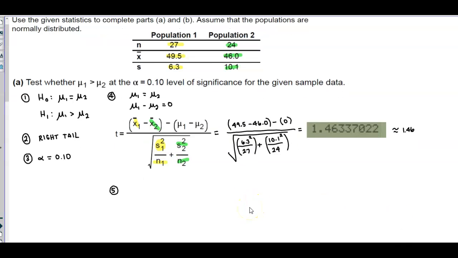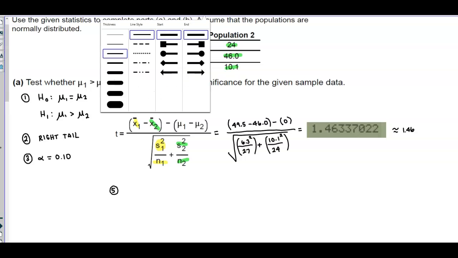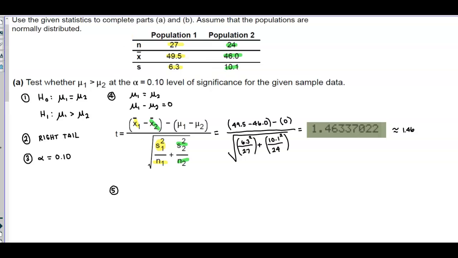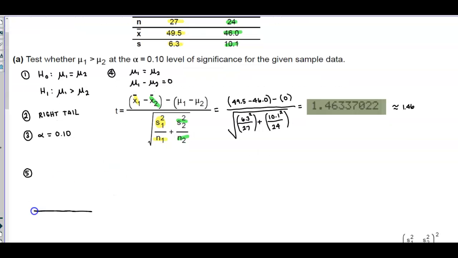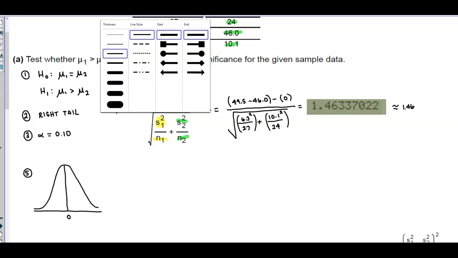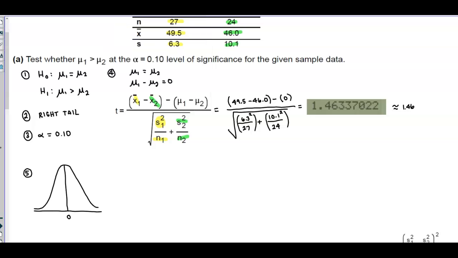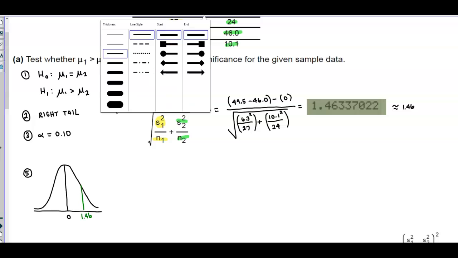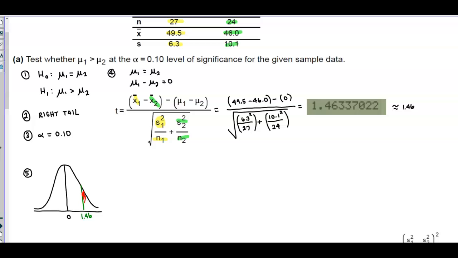Now we're going to draw a bell curve with the test statistic so that we can figure out how to find the p-value. Here we have our bell curve. The mean is 0, our test statistic is located at 1.46, and we want to find the p-value located here.